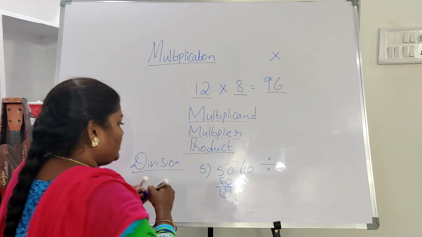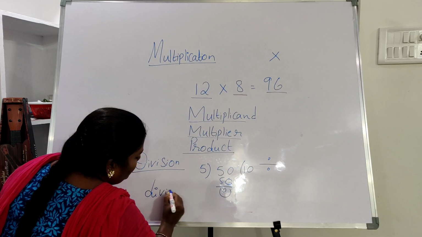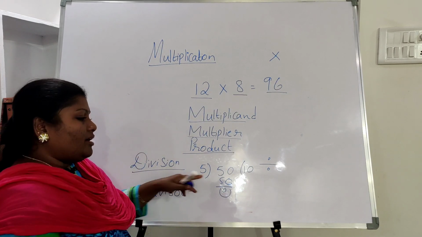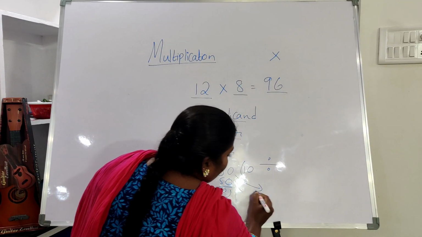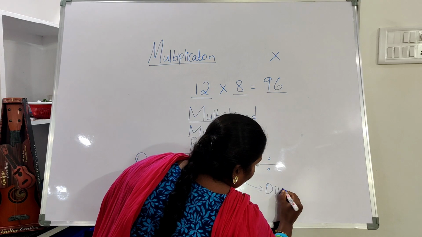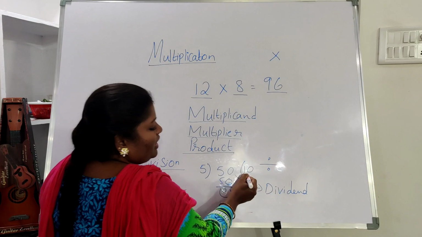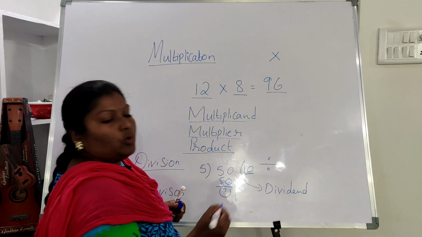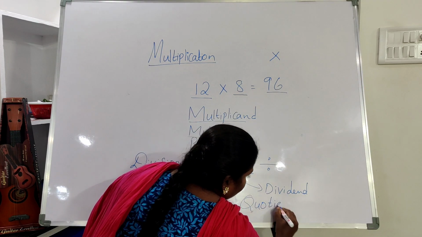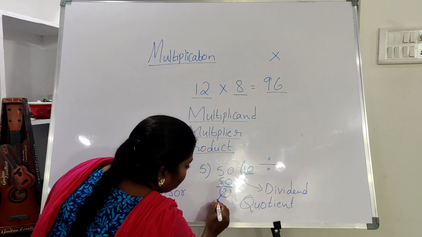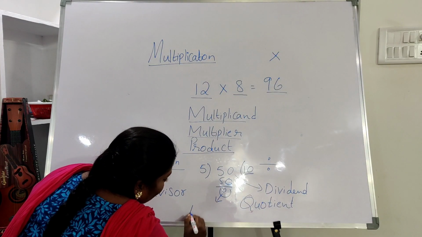So this 5 is called divisor, and the number which is divided is called dividend. The answer we get is called quotient, and the leftover is called remainder.